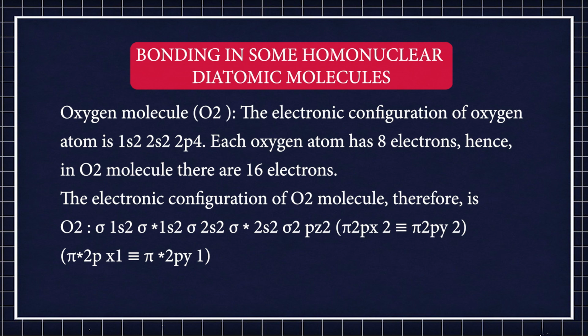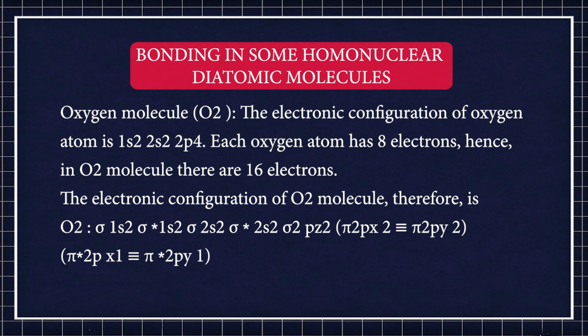The electronic configuration of the O2 molecule therefore is σ1s², σ*1s², σ2s², σ*2s², σ2pz², and π2px², equivalent to π2py², π*2px¹, equivalent to π*2py¹.